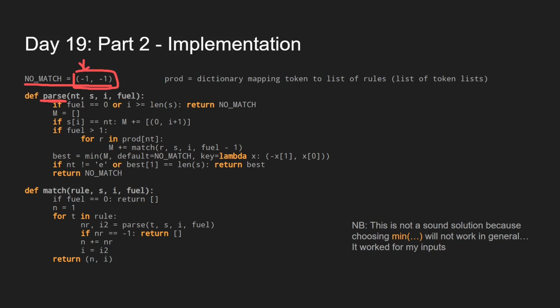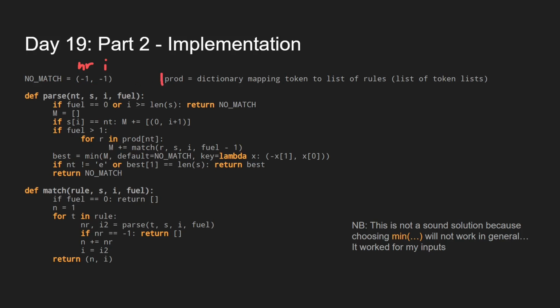This is the answer to the question that we are searching for. The second number indicates how many characters of the input string remain to be matched. So this is the number of replacements, NR, and this is the index of the next token in the input string to match. When the number of replacements is -1, that means there is no match.